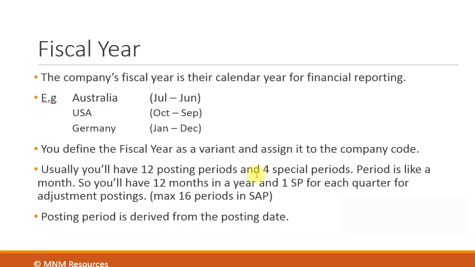For example, if you have a calendar year from January to December and you enter a posting date as 25.02.2017, then the system will derive the posting period from the posting date. The 02 means February. So the system will know the posting period is 2 and it's in February. So period 1 is January, period 2 is February. So basically the posting period is derived from the posting date.